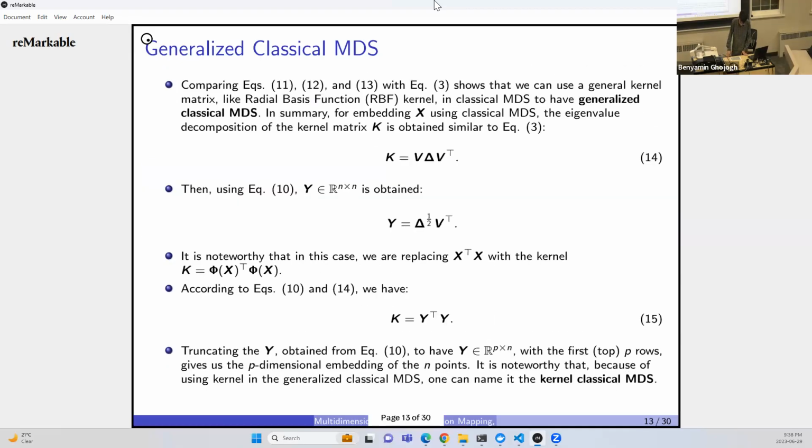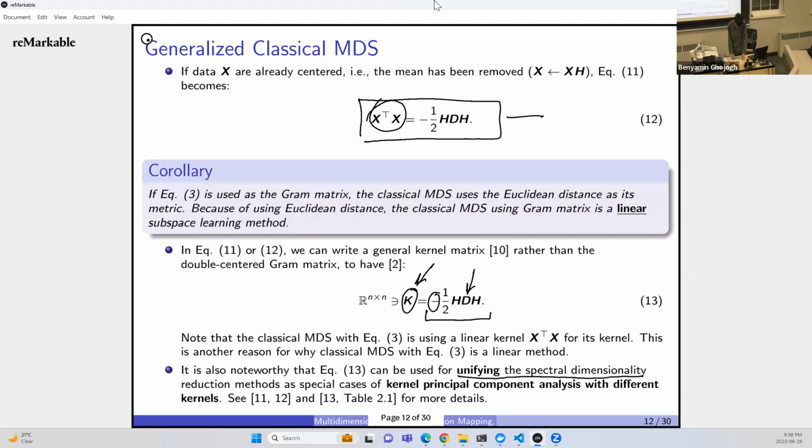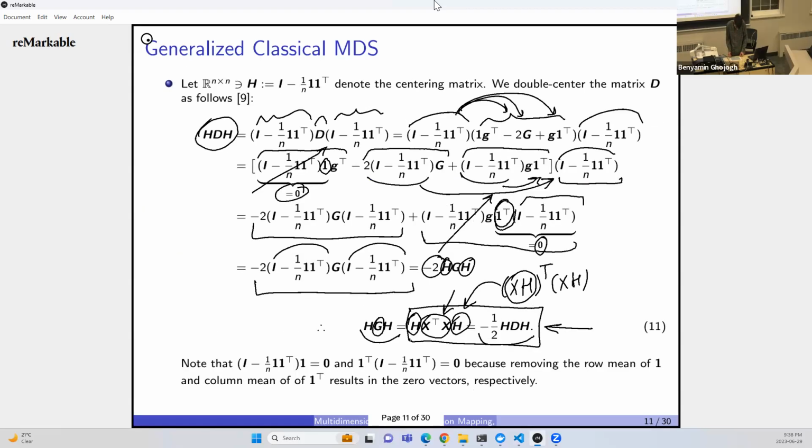And now, do you remember? Comparing equations 11, 12, 13 with equation 3. 12 is this, 13 is this kernel, 11 is this without centering.